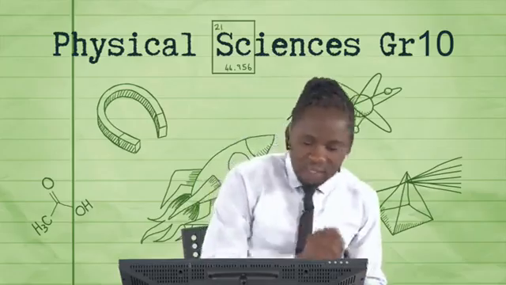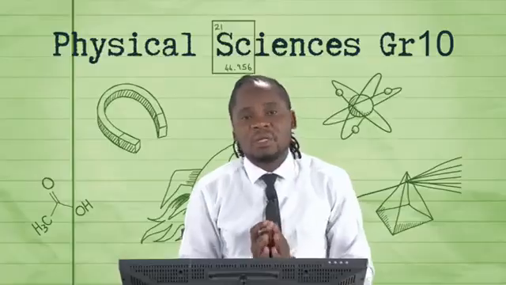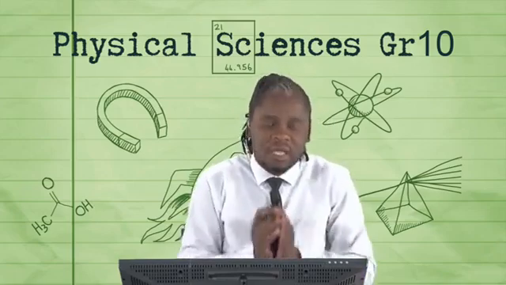Now, let's start with the multiple choice without any waste of time. Four possible answers are provided. It's very, very important for us to read the question and understand. It says elements. We need to understand what an element is. So it's very important to also underline the keywords in a question, so that it helps us in terms of recalling some of the key concepts related to that.